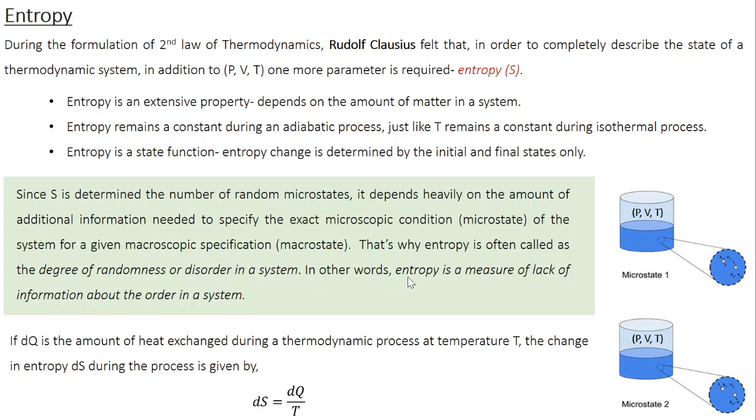In other words, entropy is a measure of lack of information about the order in a system. Now, if you take dq as the amount of heat exchanged during a particular thermodynamic process at temperature T, then the change in entropy dS during that process is given by dS equal to dq by T.